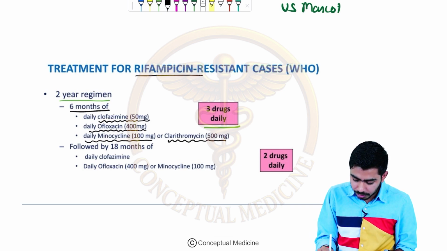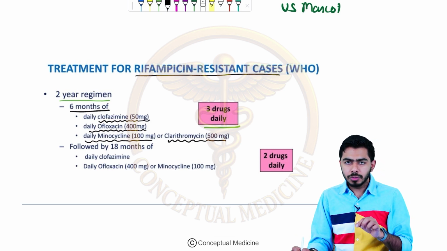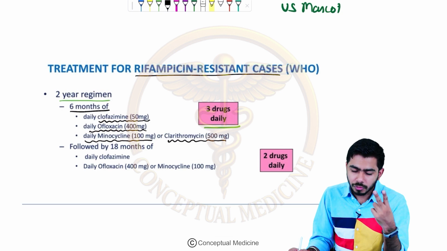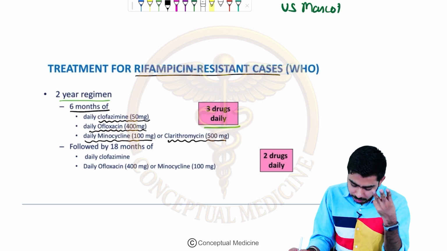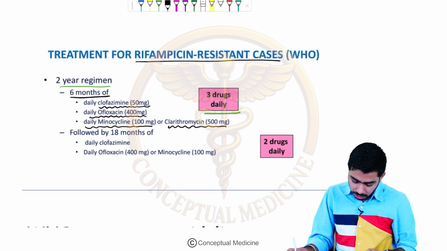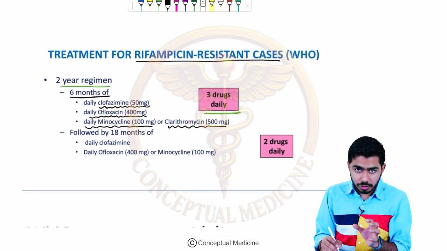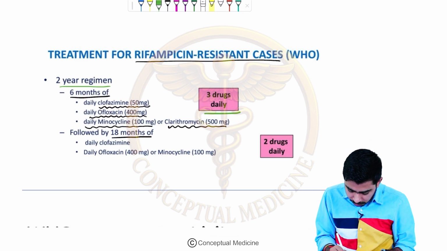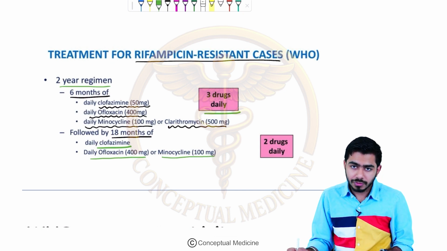If there are rifampicin resistant cases, you shall use this therapy: clofazimine 50 mg daily, ofloxacin 400 mg daily and minocycline 100 mg daily or clarithromycin 500 mg daily, whichever is available, for 6 months. After that, it is followed by 18 months of daily clofazimine and daily ofloxacin 400 mg or minocycline 100 mg, whichever is available.